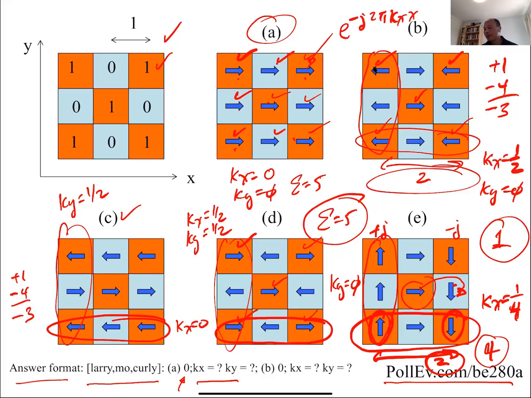If I go from here to here as a function of x, then if kx is positive and x is positive, I will have a negative phase, and so that's the clockwise rotation.